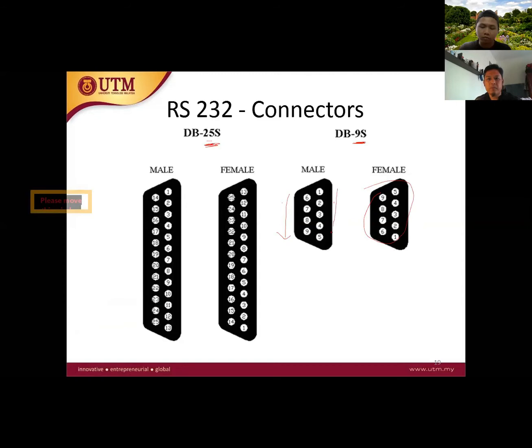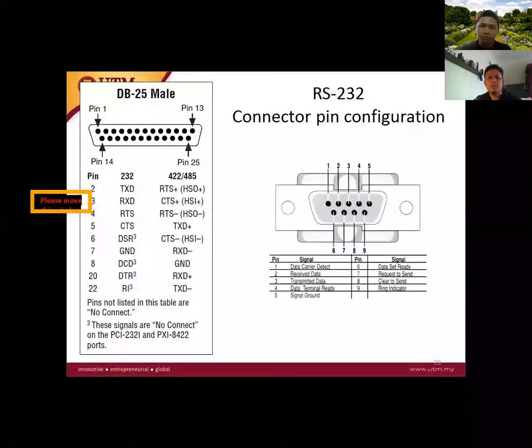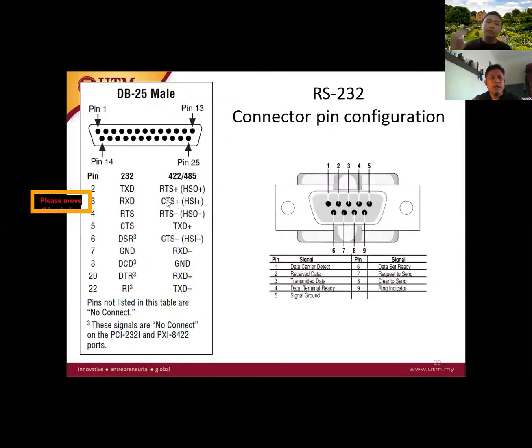Okay. So that is just a technical part of the RS232 connector, and this is in detail the function of every pin of the RS232 connectors. Okay, but let's focus on the 9 channels, so 9 pins.